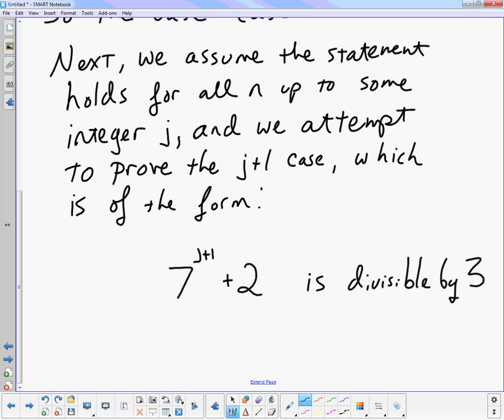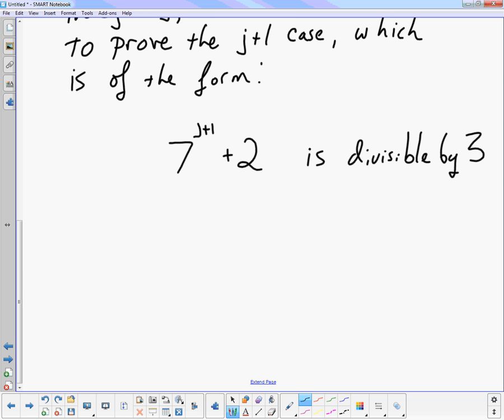There is a mathematical form to show divisibility by 3. You can say that 7 to the j plus 1 plus 2 is equal to 3 times some integer. But we don't need to fool with that. We'll deal with divisibility maybe later. I'm not sure if it's even in the curriculum. So we start with the assumption.